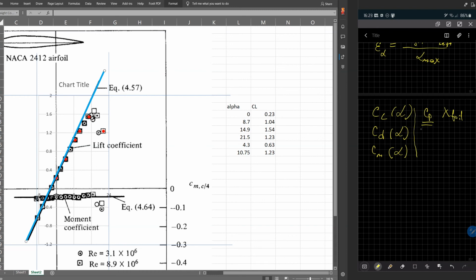You can always get the pressure coefficient distribution from the program, and this is also acceptable. I accept Xfoil results for the pressure coefficient distribution. It's not always possible to get it from the literature, so you can use Xfoil, but just for CP, not for CL, CD, and CM.